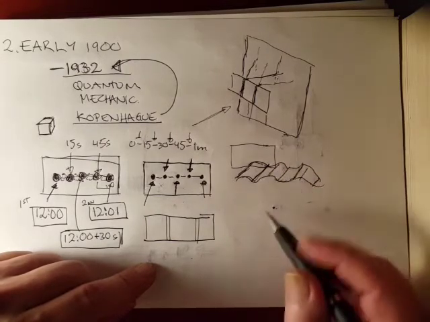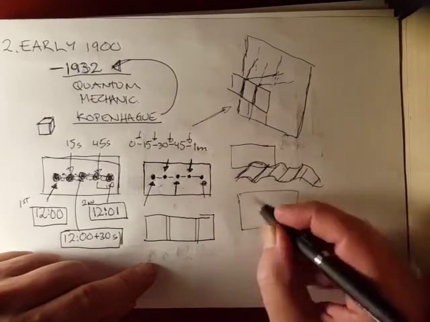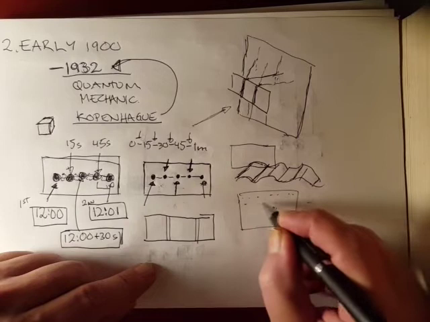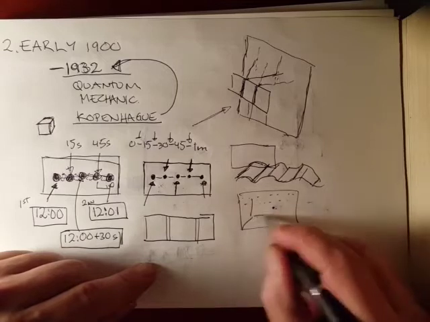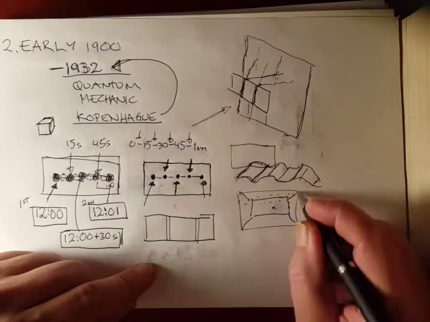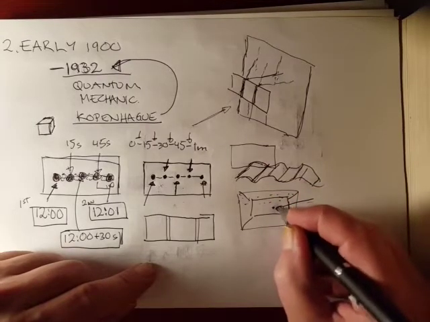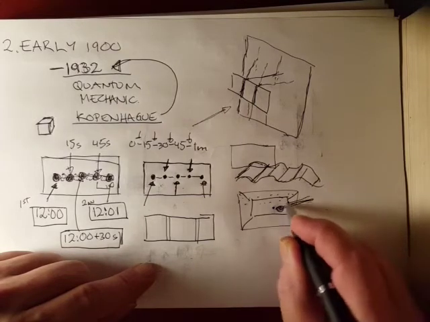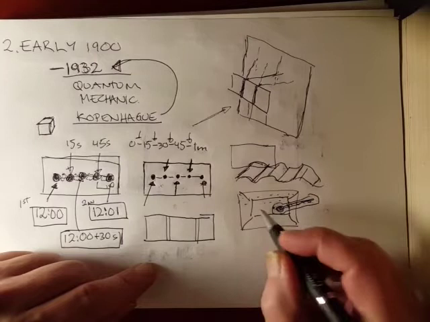And a field is something that is defined everywhere in space. What do I mean with being defined everywhere in space? Well, think about a room. You could put a thermometer into this room, like this, and measure the temperature.